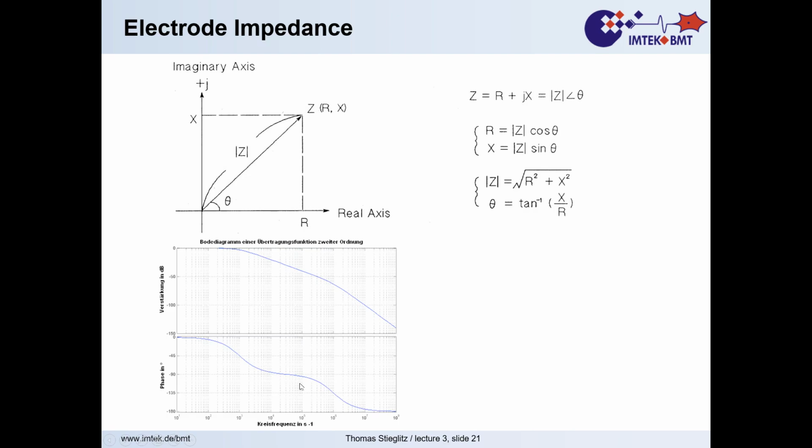Just as a repetition for those of you who are probably not that familiar with all those details, electrode impedance is mainly plotted on the Bode diagram, which is the magnitude of the impedance and the phase of the impedance.